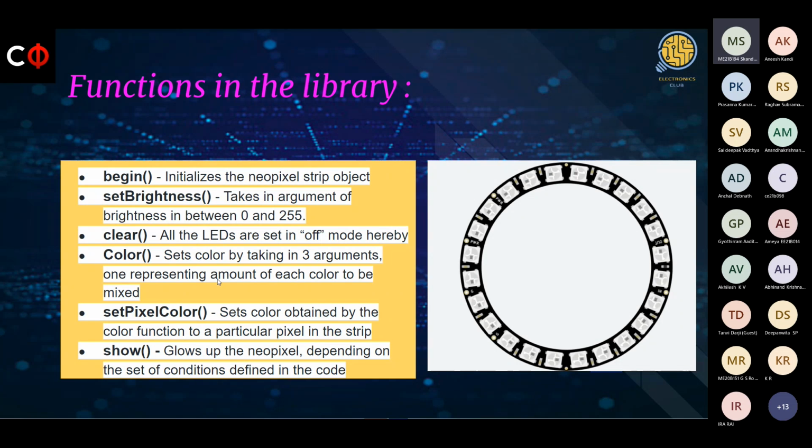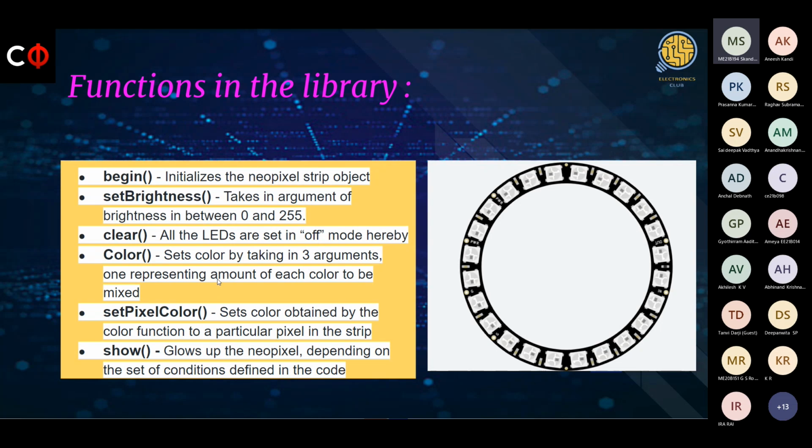So then we have the show function, which makes the values set by neopixel.set brightness and neopixel.set pixel color, which are the second and third functions, take effect on the NeoPixel once the code is run, only if you put the show function. So this is added at the end of the function code.